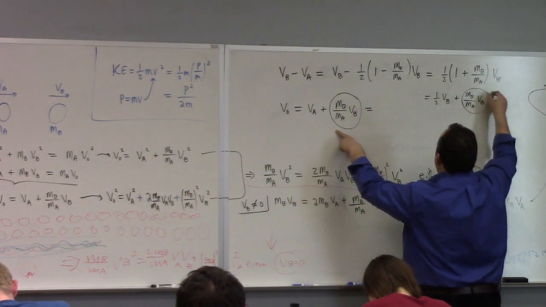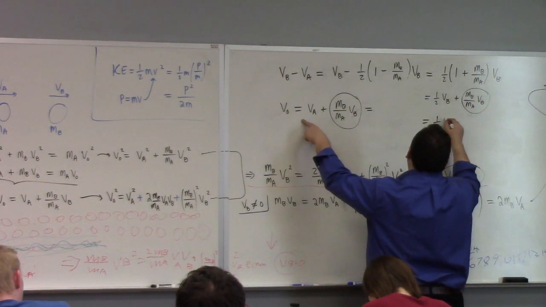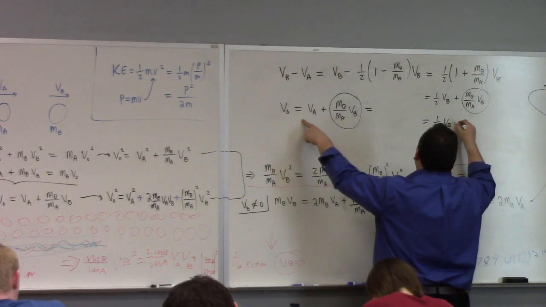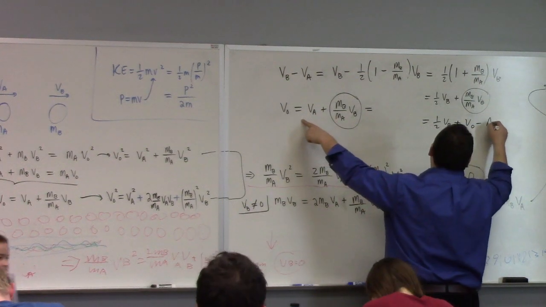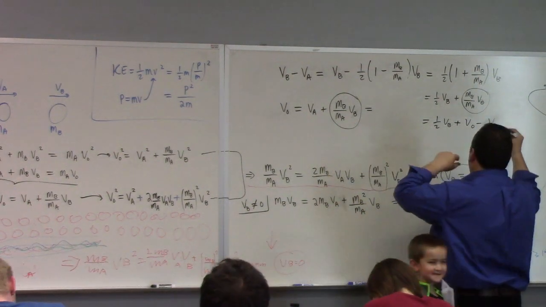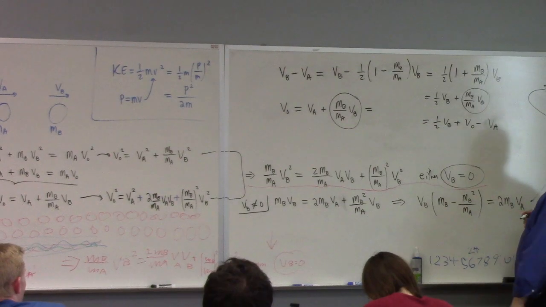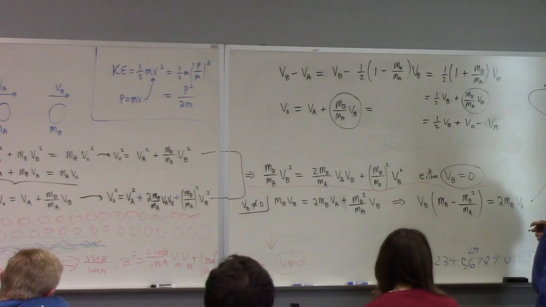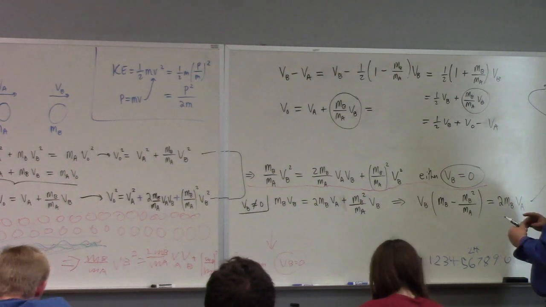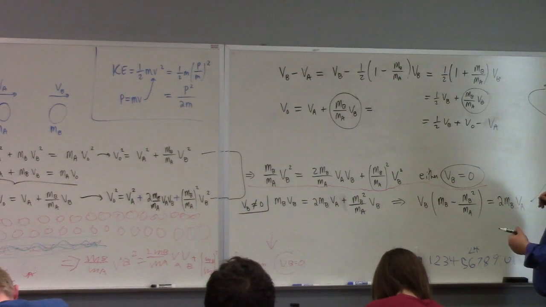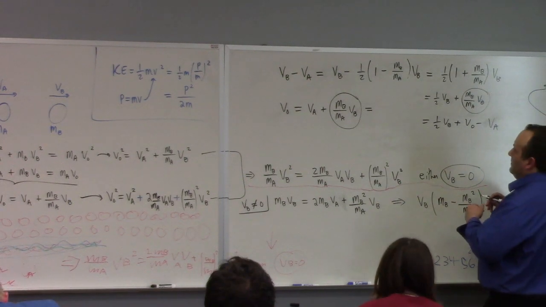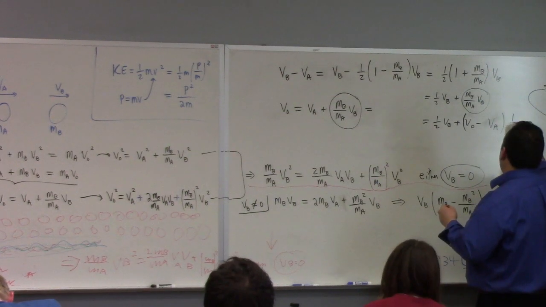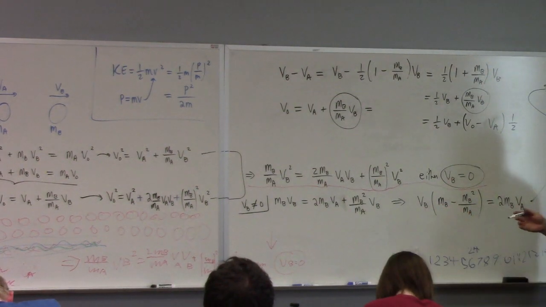But this I can trade for 1/2 VB plus V naught minus VA. Shouldn't it be 1/2 MB over MA times VB? Shouldn't that second term also be times 1/2? Oh yeah. So that would make this times 1/2. Is that right?